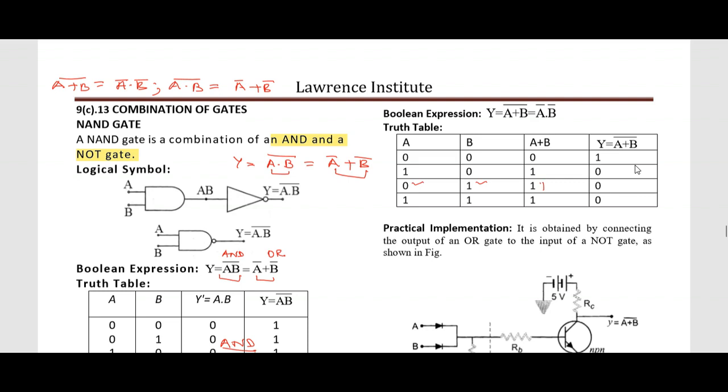This is by plus operation we get 1, and this is the final output, which is 0. Reverse of this, again 1 and 1 gives us 1 and again 0. It means the output is 1 if and only if all the inputs are 0. In NOR gate, output is 1 if and only if all the inputs are 0, and it is 0 otherwise.